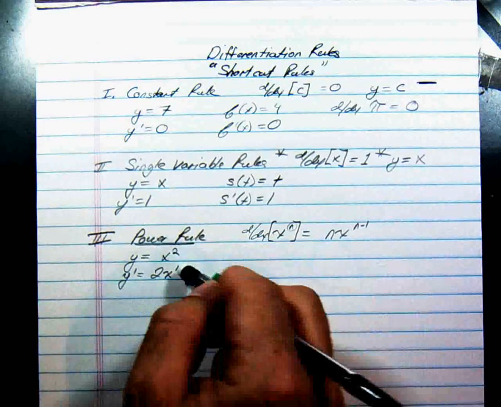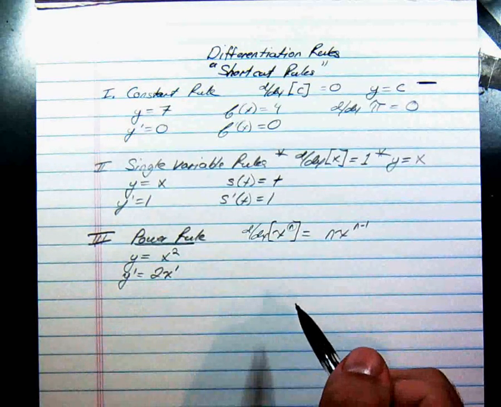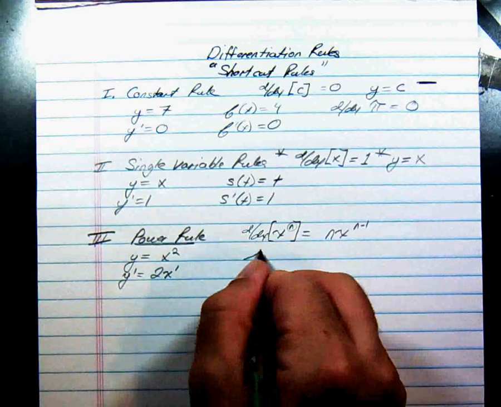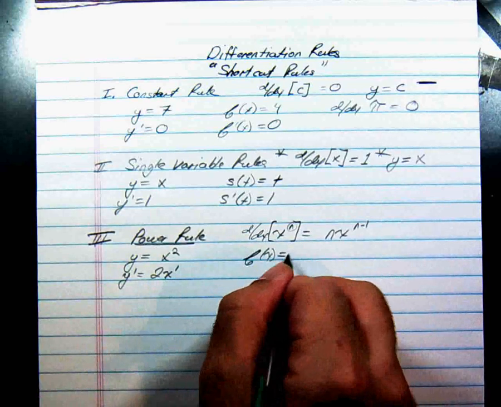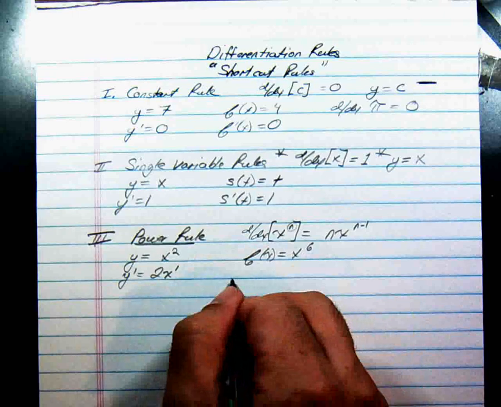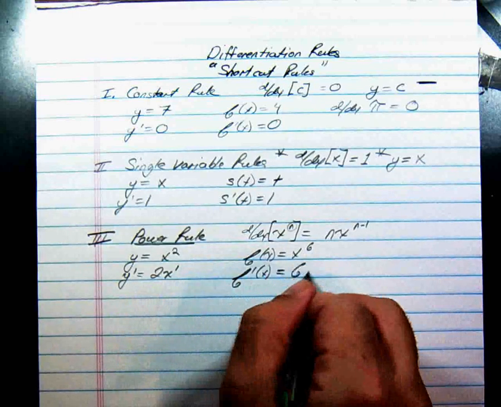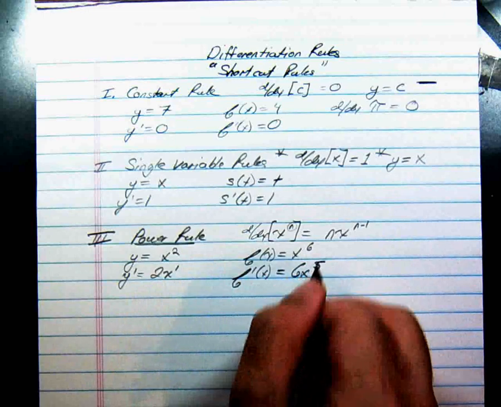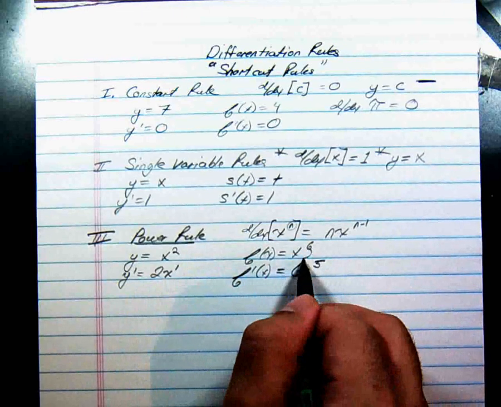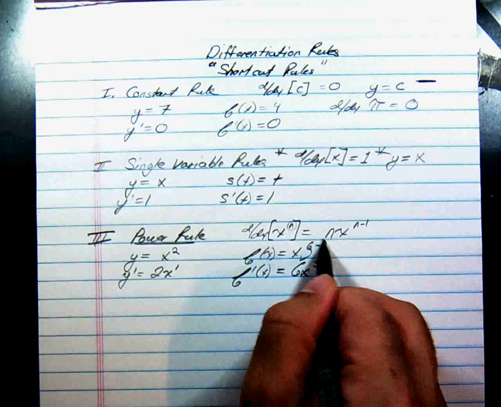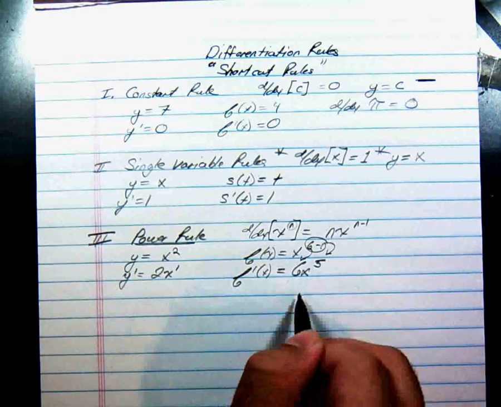I just put the 1 there, but normally you wouldn't write that. Let's try this. If I were to say to you f of x is equal to x to the 6th, then f prime of x is equal to 6x, subtract 1, to the 5th. Notice the exponent went in front, and then we subtracted 1 from it.